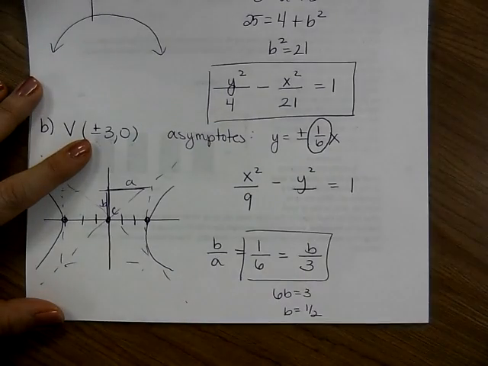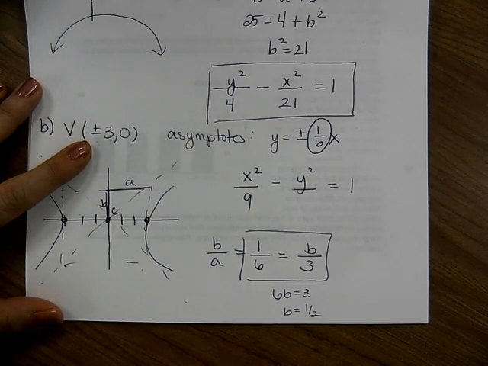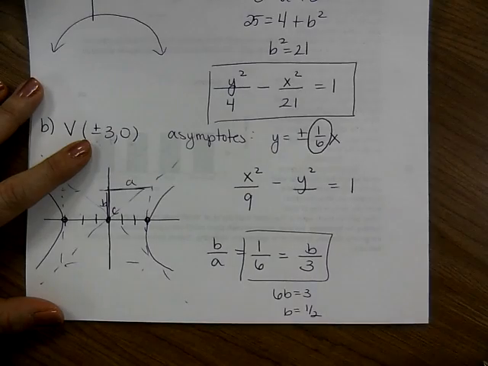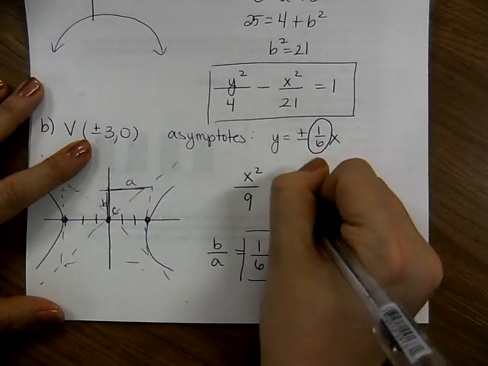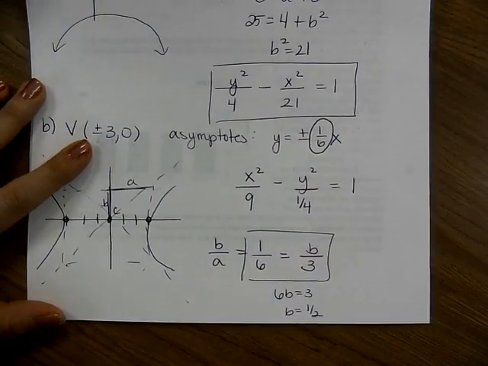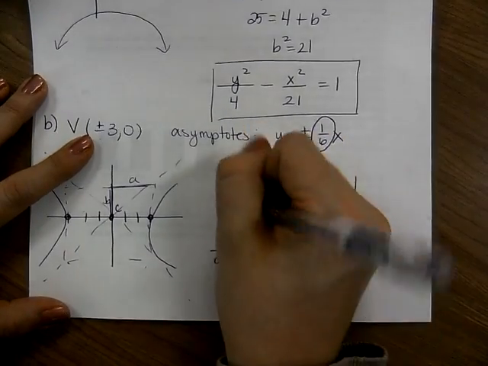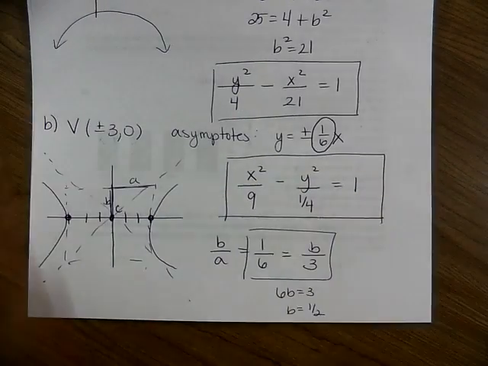Now I can plug in B squared, which is the only piece I was missing. It's going to look really weird, right? Because it's a fraction. So it's going to become a compound fraction, but that's allowed in conic sections. So when I plug in B, what is B squared? A fourth. So I'm going to write a fourth here. And even though it looks really strange, you're allowed to write it like this. Okay? And that's our equation.